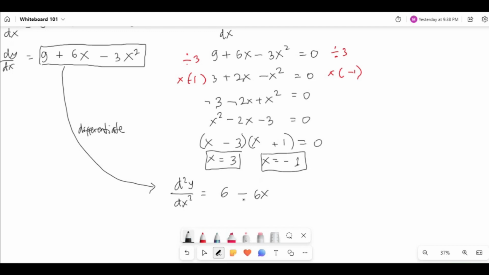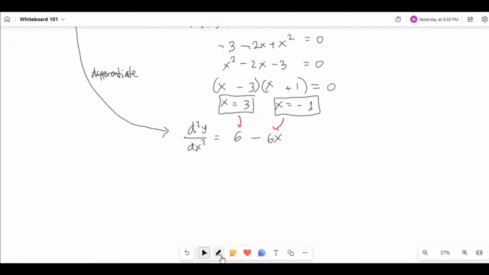And what we do is insert these values inside. We test one by one. Let's do the first one, x equals 3. My second derivative is 6 minus 6x.